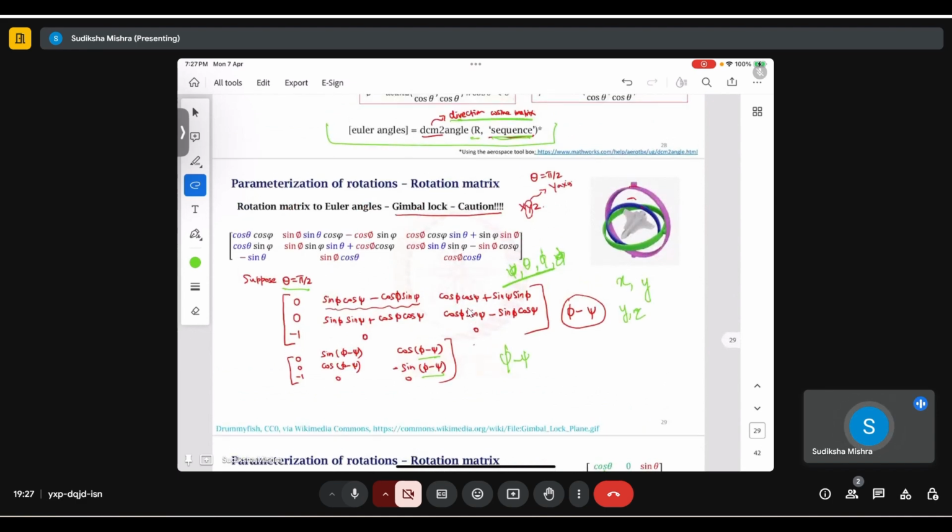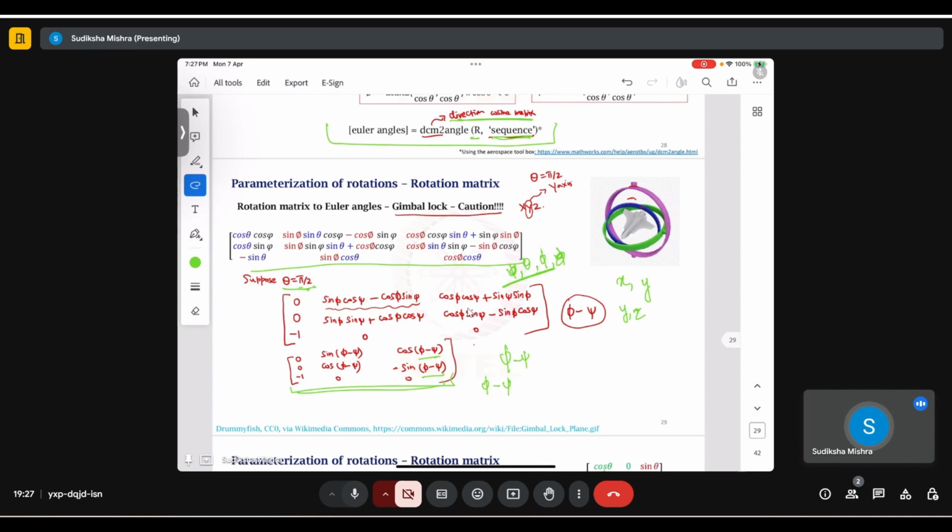One of the problems that occurs while using Euler angles is known as gimbal lock. Suppose theta is pi by 2, which essentially means two of the axes have aligned. Theta is 90 degrees. In that condition, if you solve this whole matrix, it simplifies into phi minus psi.